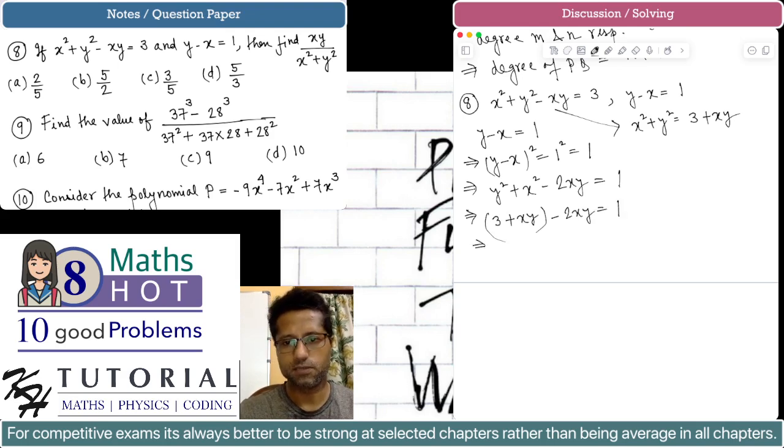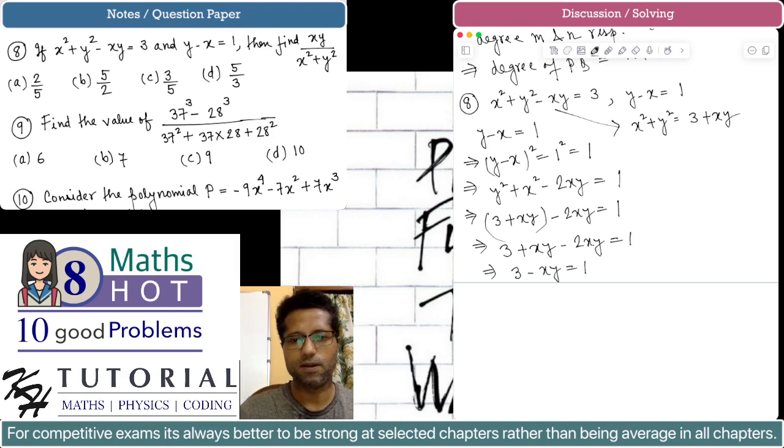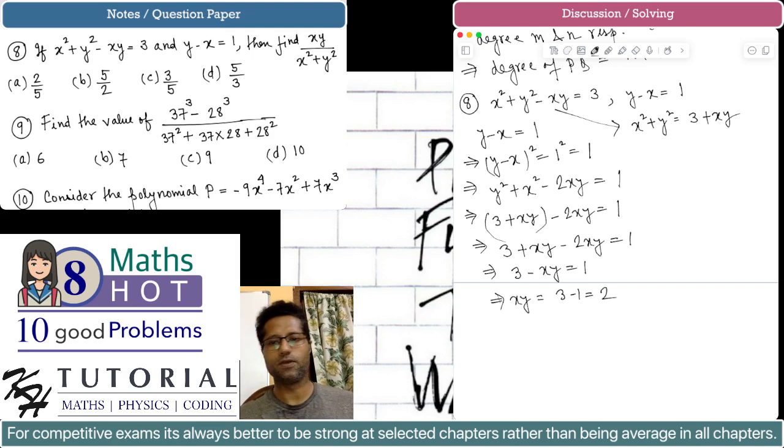So this implies 3 minus xy equals 1. So this implies xy is equal to 3 minus 1, which equals 2. So we got the value of xy.